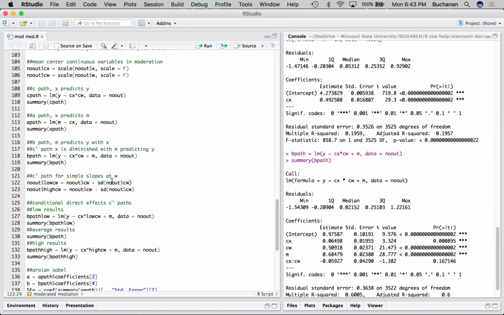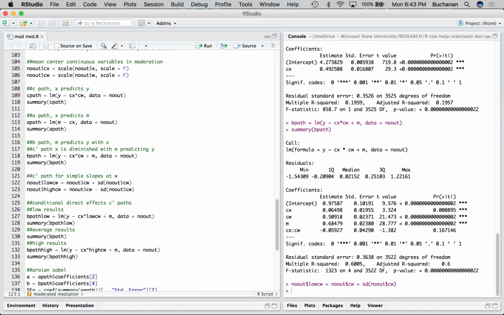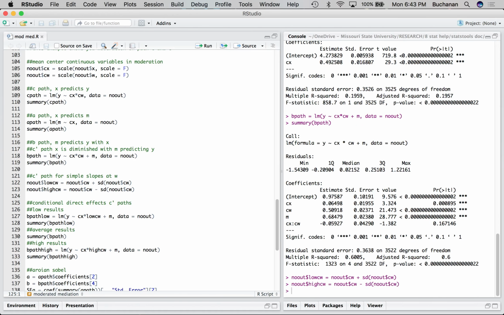Okay. So we're going to create our low group by shifting them up. So I'm adding a standard deviation to them to move them up. Create our high group here by shifting them down, and I'm going to subtract a standard deviation to move them down. I think that's the hardest thing conceptually to get about moderation when you're doing it by hand: you would think the low group is one standard deviation below the mean, but to create them, you have to move them up to the middle where you can see them.